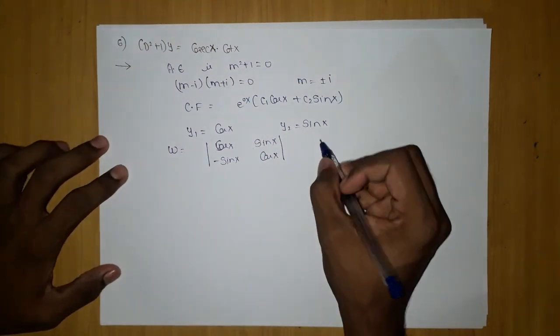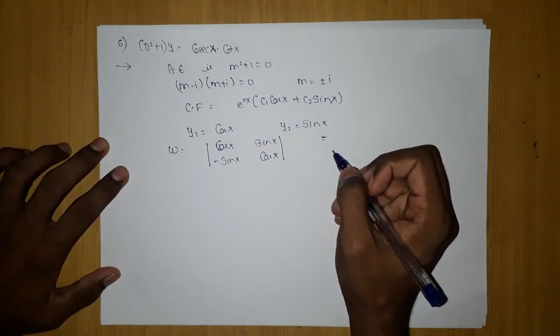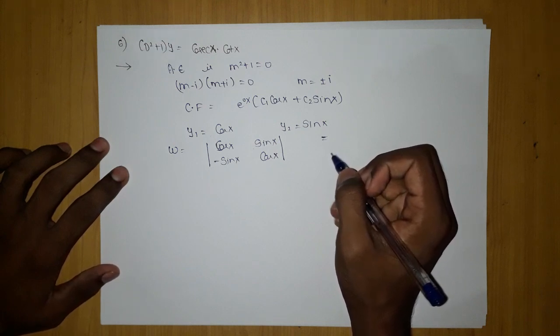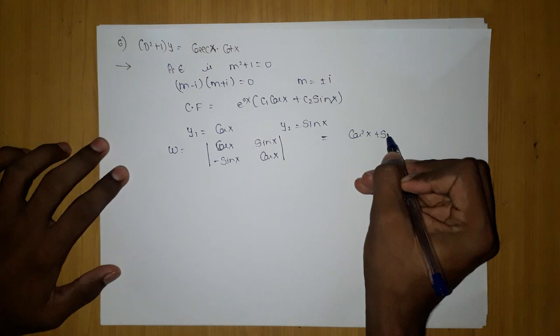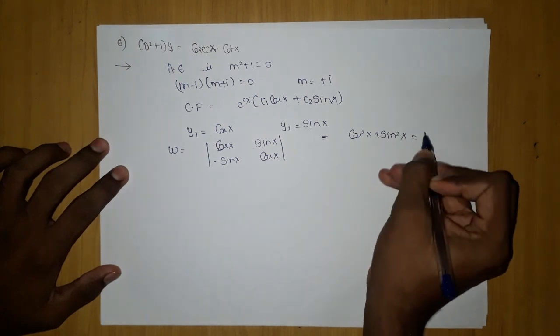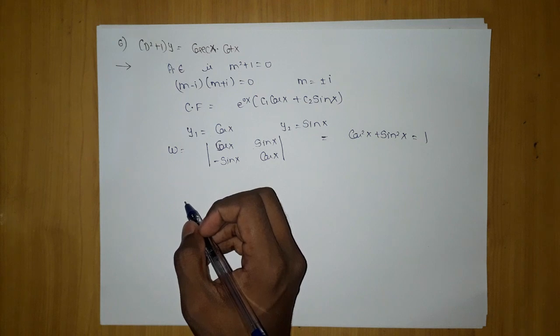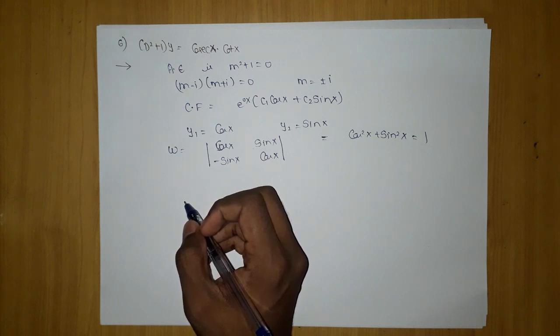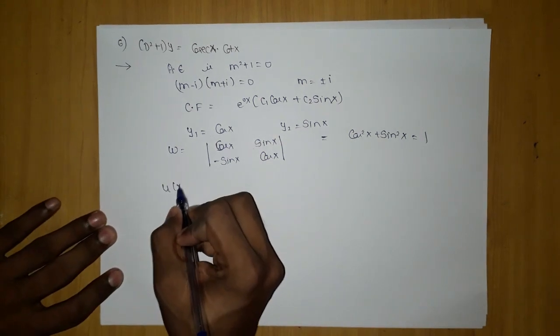But if you get real roots, then y1 and y2 can be chosen differently. So we get cos square x plus sin square x, giving finally 1. So I got my Wronskian as 1.